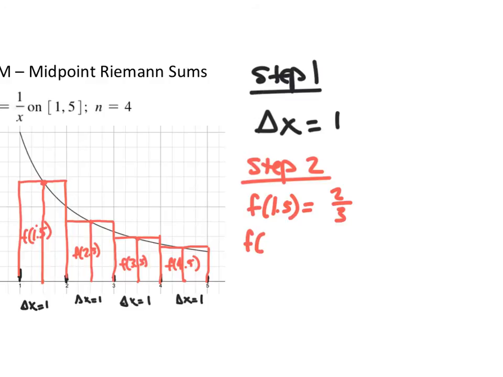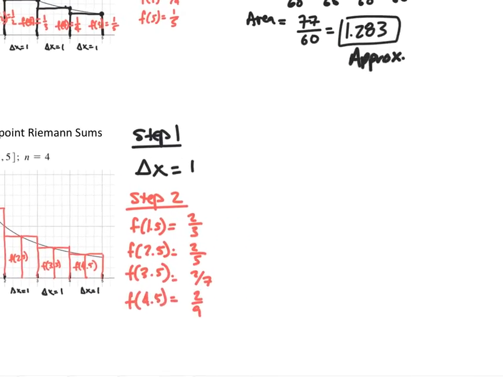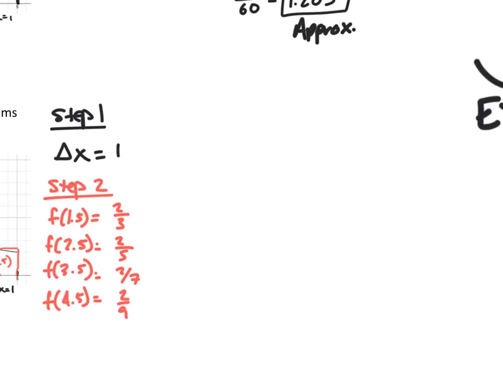Okay. f of 2.5 is going to give me 2/5. Okay, f of 3.5 is going to give me 2/7, and then f of 4.5 is going to give me 2/9. Okay, so now step 3 is to add them together. Okay, so step 3, add them up.